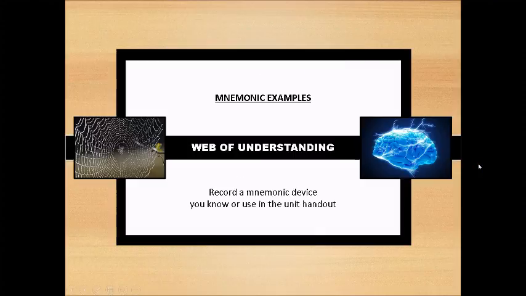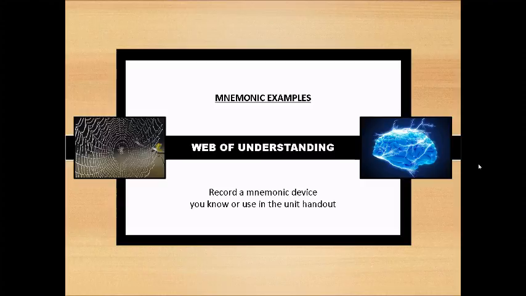In a small group, 2 or 3 people sitting around you there at the table, think back and share a mnemonic device that you know or use, and then find one to write down in the unit handout. Obviously, you aren't here to partake in the small group, and you don't have your unit handout with you to record it.